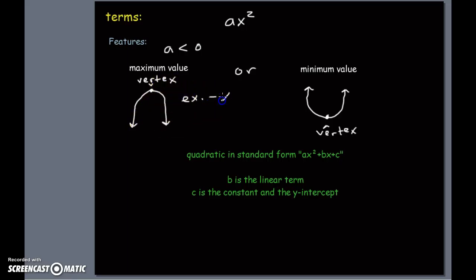So if you had a negative in front of the x squared term, it would be a maximum value. It would open down. If you had a positive in front of the x squared term, so just a 1, then it's going to open up. So if a is greater than 0, then it's going to be a minimum value. Let's get into a couple examples today.